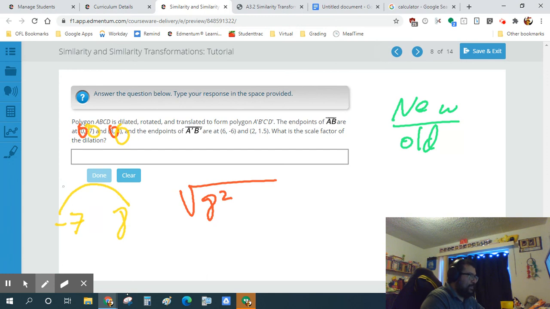To get from -7 to 0 is 7, and to get from 0 to 8 is 8. I did a little pit stop at 0 to make it easier. 7 plus 8, I moved a total of 15 spaces.